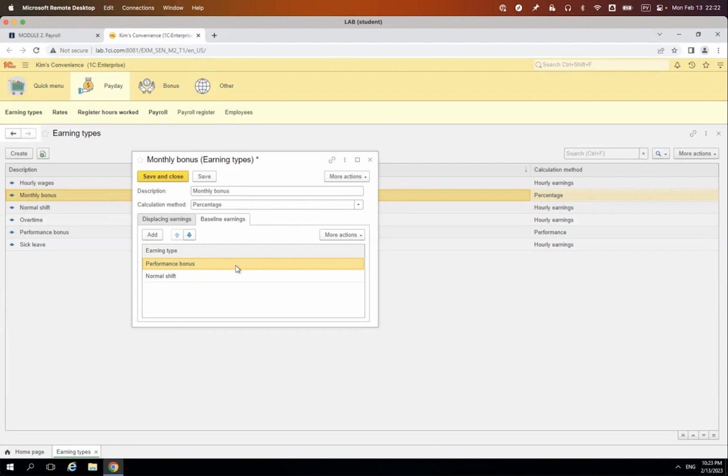So we need to set this up, and then we need to pass these data correctly to those metadata classes and to objects of those metadata classes, and they will perform the displacement, for example, for us, and we don't need to calculate it manually, or they will perform the baseline calculation for us, and they will give us a total over a period of time, and then we just apply our formula on top of this total, and this will be our bonus or something else.